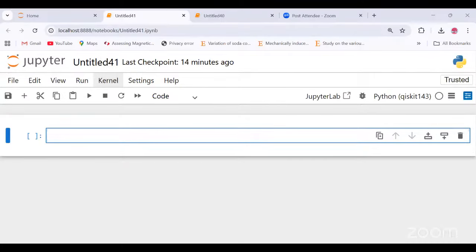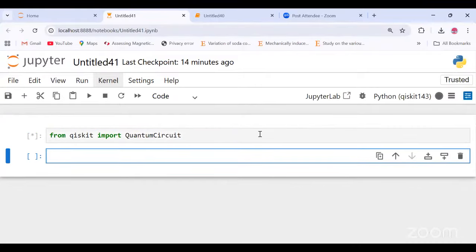So first we will import the quantum circuit from the Qiskit.